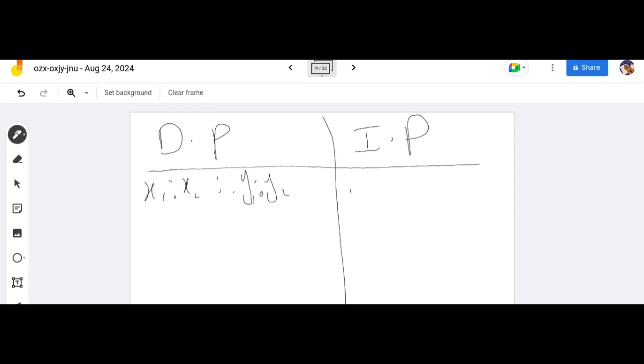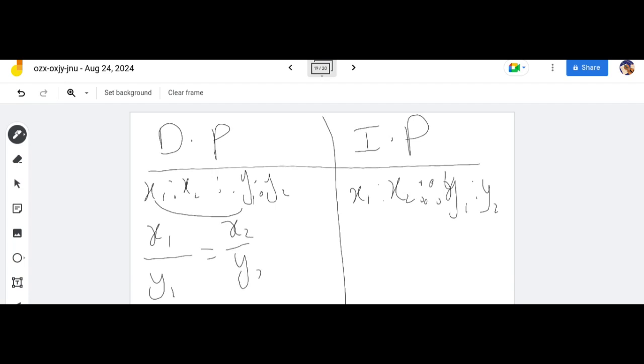Same thing goes here: x1, x2, y1, y2. For the direct proportion, it will be x1 with y1 in division, and in front of them the opposite, x2 by y2. But in inverse proportion, x1 with y2, x2 with y1.